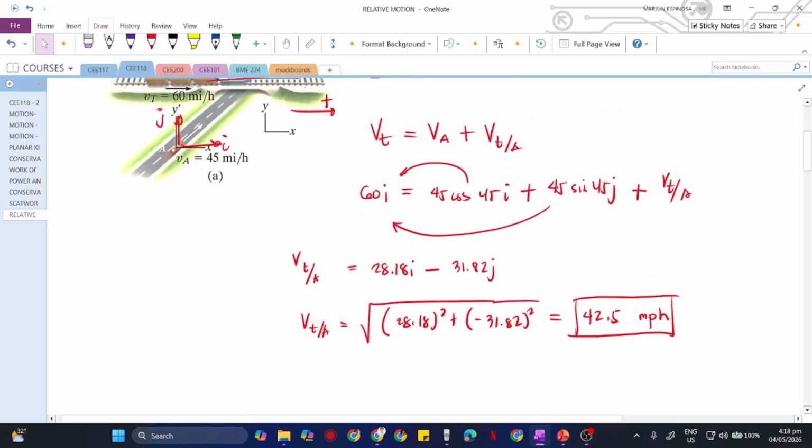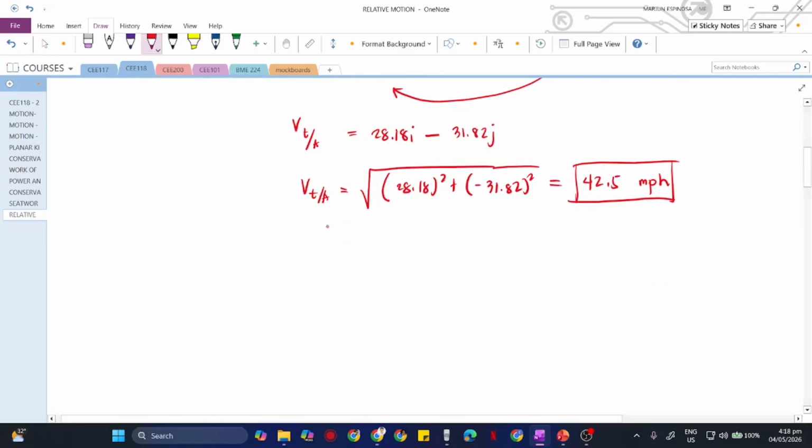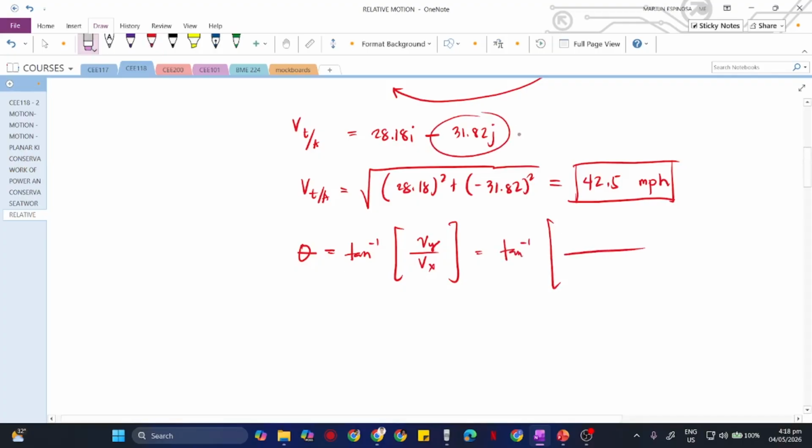And how about our direction? If you remember, to get the angle, that is just the arctan of the summation of forces along y over the summation of forces along x. In this case, we can also take the velocity along y over the velocity along x. So, that is arctan of the velocity of y, this one. We need to carry the sign.